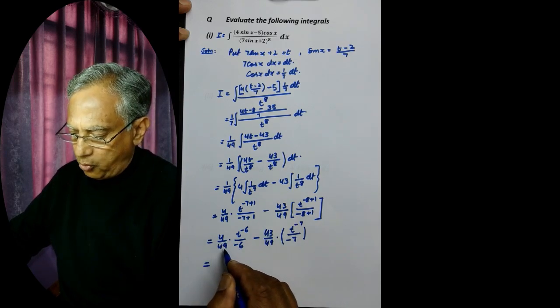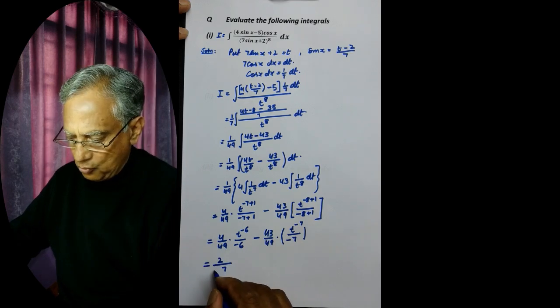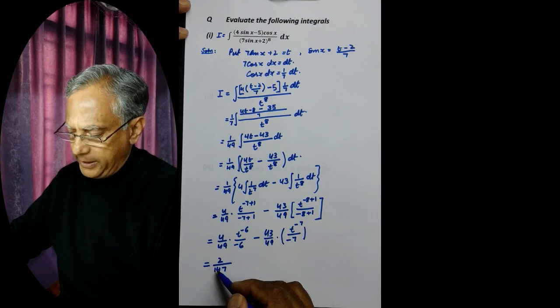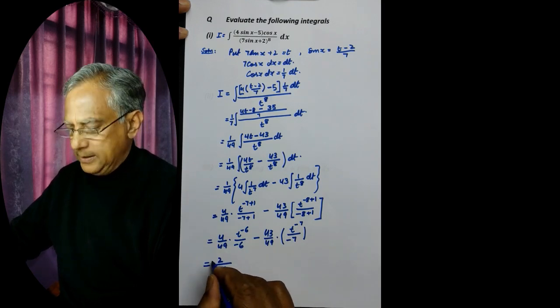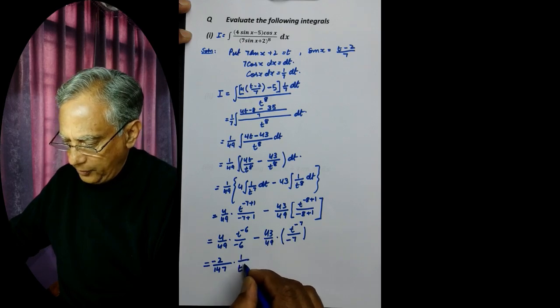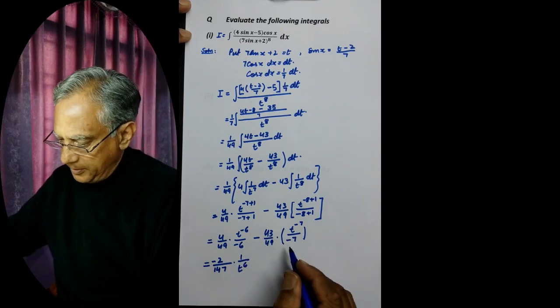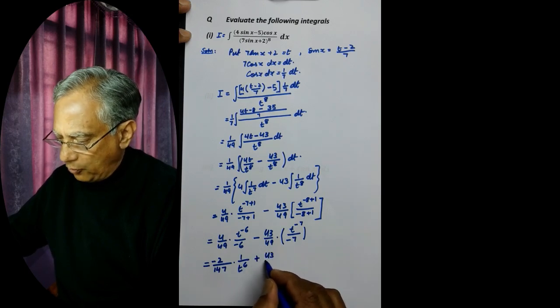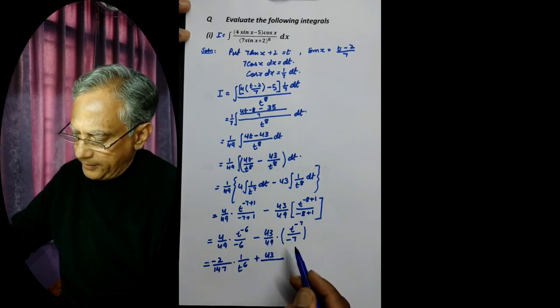So 3 into 49 is 147. We will have 2 by 147 with negative sign into 1 by t to the power of 6. And this will be minus minus plus 43 over 49 into 7, which is 343.